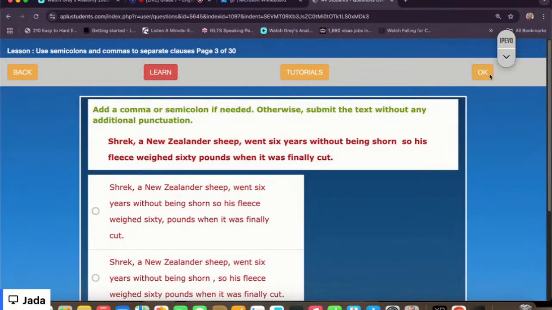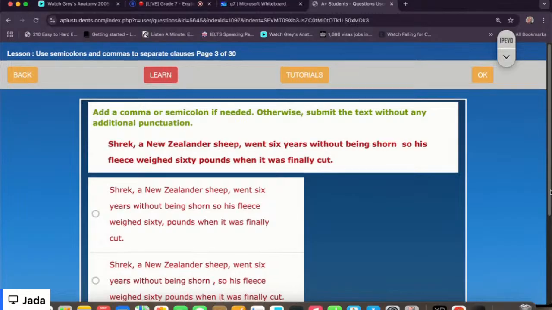Shrek, a New Zealand sheep, went 6 years without being shorn, so his fleece weighed 60 pounds when it was finally caught. So, what do we have? Comma or semicolon?